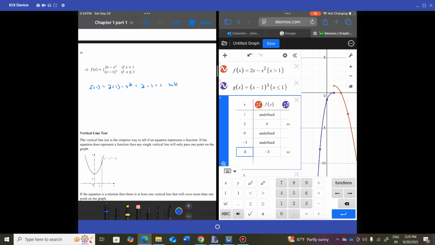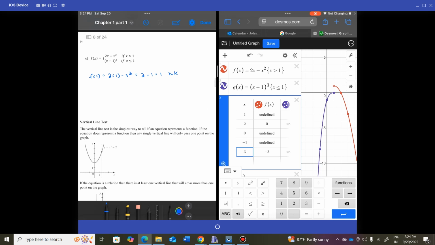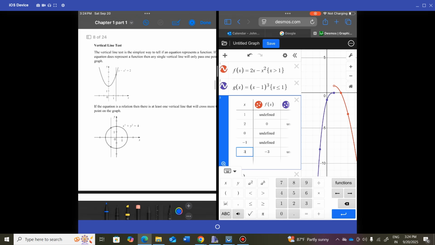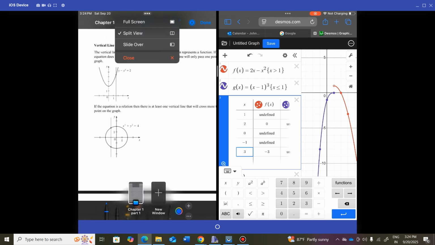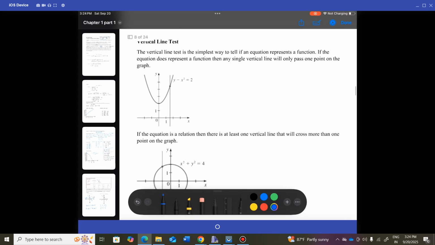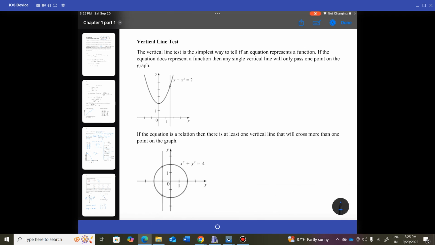Right, the last thing in this is the vertical line test. This is the easiest way to tell if a function's a function. It's very simple. You just look at if you can draw a vertical line anywhere on the graph and it crosses more than one point.